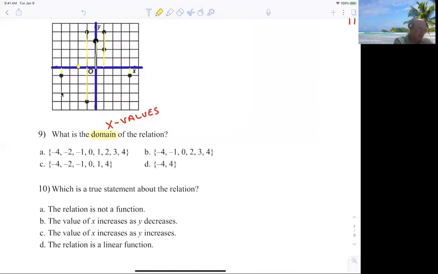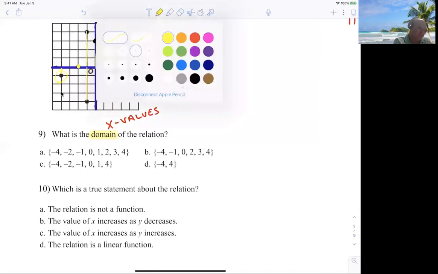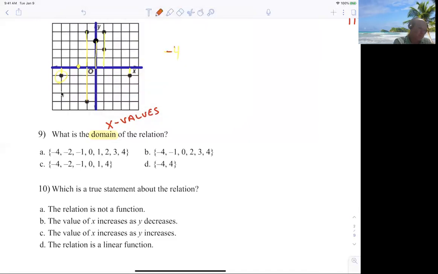I always start from left to right. So this x coordinate is -4. This x coordinate is -2. These two x coordinates, -1. This x coordinate is 0. That x coordinate for those 2 points is 1.